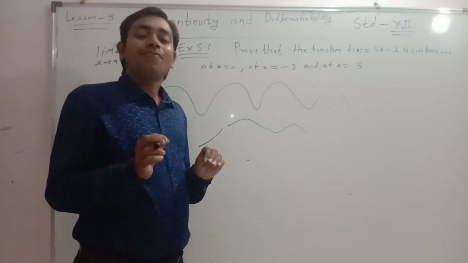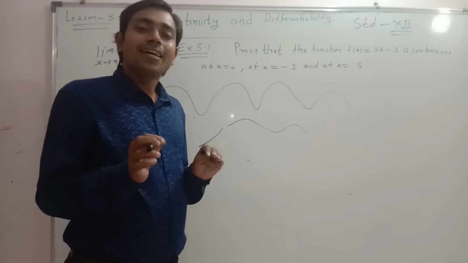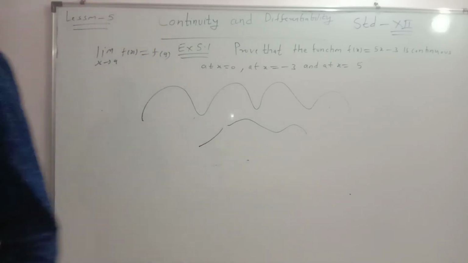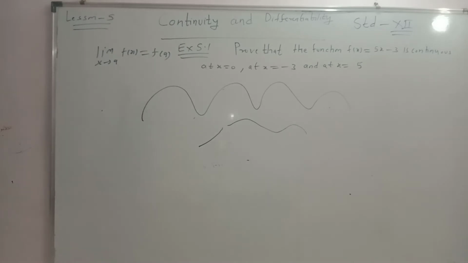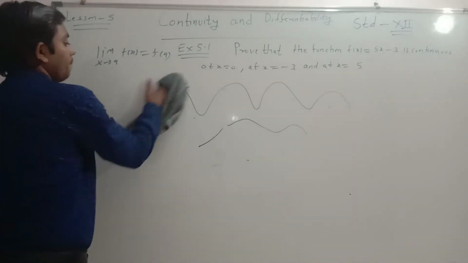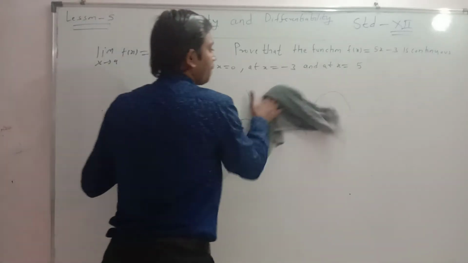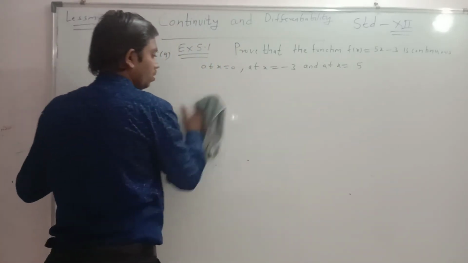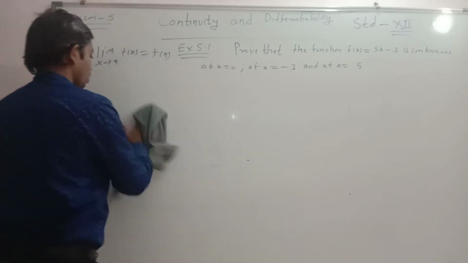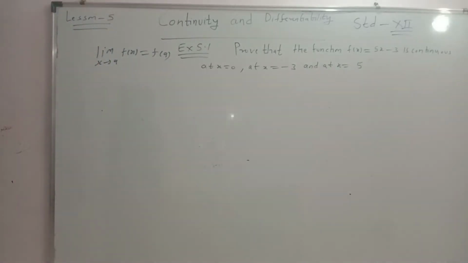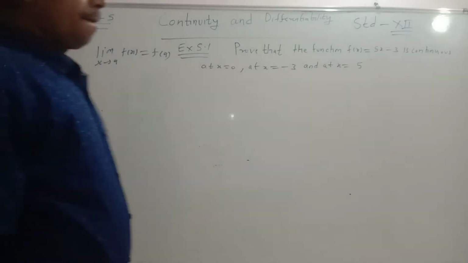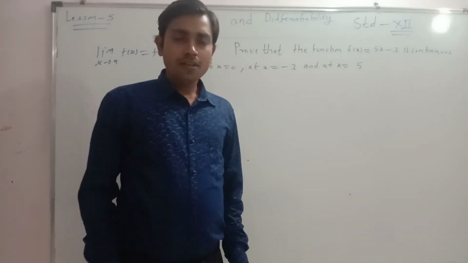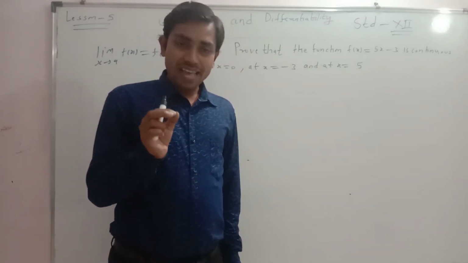Now how can we define it mathematically? How can we take a mathematical approach to continuity? Let us see. My dear students, a function is said to be continuous if its limit exists.